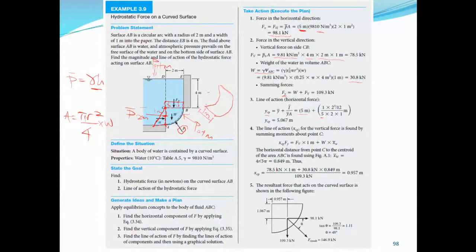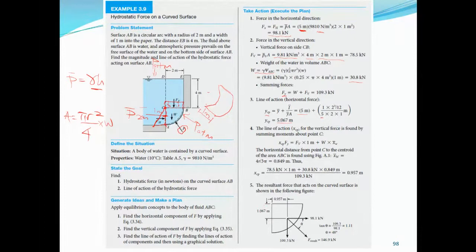And then the line of action, or where the center of pressure is acting: this Ycp is below the centroid by 0.067, or from the top CB by 1.067.